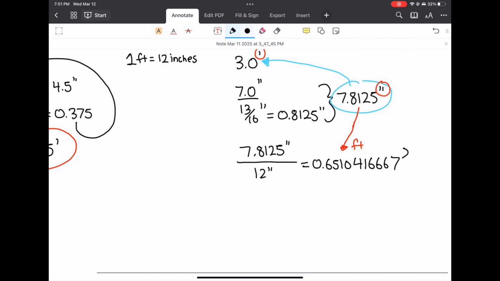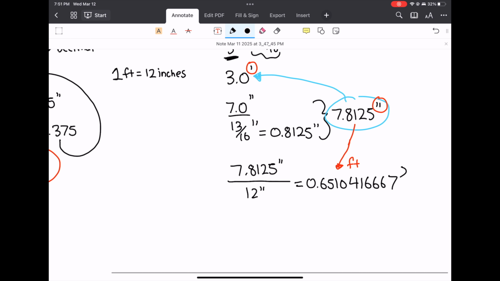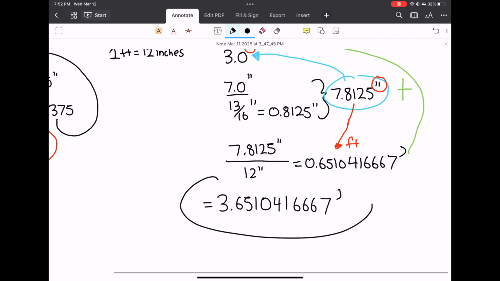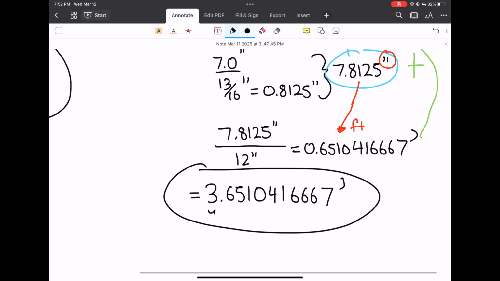Now this is in feet, so since they're in the same units, we can add them together. 3.651041667 feet is our answer in decimal, or also equal to 3.65 feet.